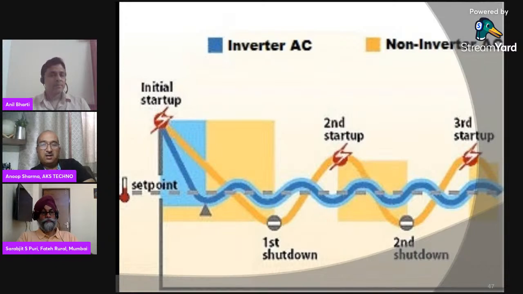Parallelly, the copper which is used in the evaporator section, and the design of fins, I could see the difference: the area of heat exchange is more in the Mitsubishi and O General, and a few of the good brands like Hitachi ACs. So this way they are charging more, but yes, these ACs are designed for high ambient temperatures also, and they are working also. For the low carbon footprint, I don't have any know-how for that.